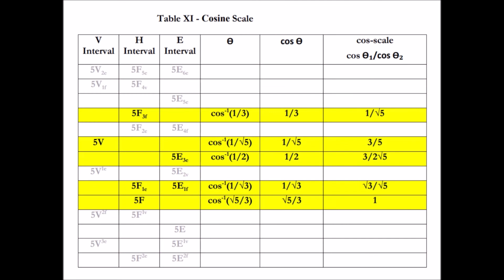Before I move on to the next scale, I wanted to elaborate on something. Here I added an extra column to Table 11 for the value of cosine theta. And one can see that the ratios are easy to visualize as a cosine of one angle divided by the cosine of another.